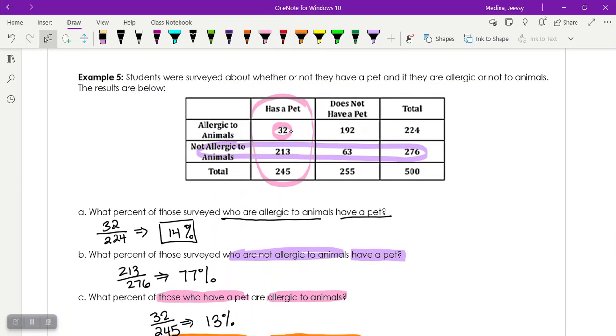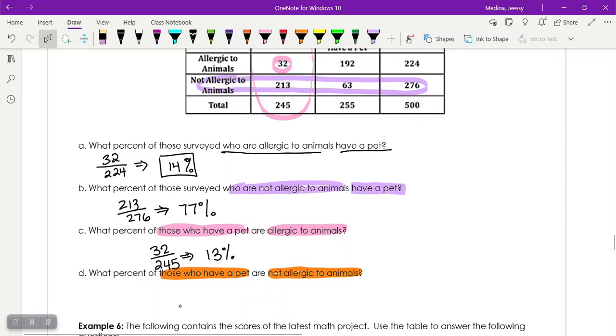So we're still looking at the pink. 245, what are you talking about? 245% doesn't exist. Oh, how many have a pet? 245? And how many of those 245 are not allergic to animals? 213? So it should be 213 over 245. Sorry, I misunderstood what you were saying. And what is that?